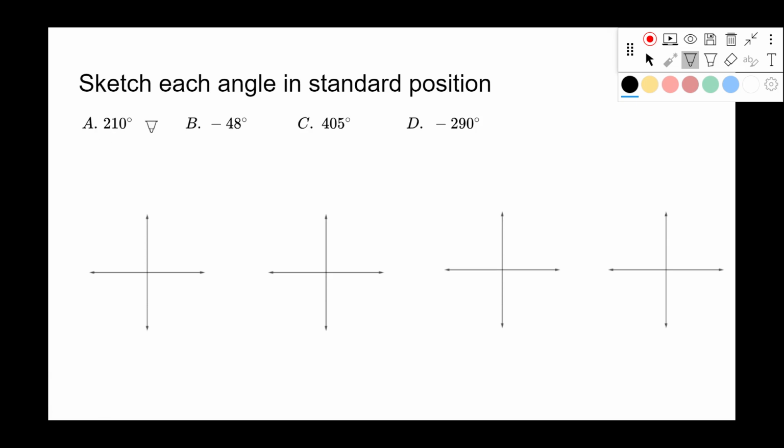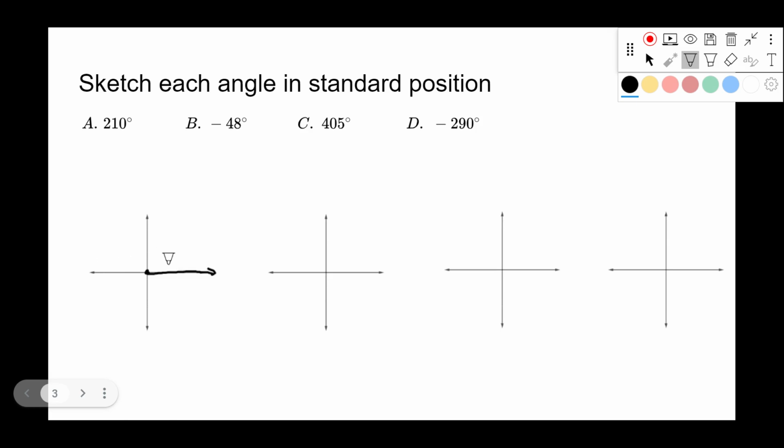Let's sketch the angle 210 degrees. So here's our vertex. Here's our positive x-axis. That's where we're going to start from. And now we want to go 210 degrees around the coordinate plane. Well, if we start here, we're going a positive angle, so that's going to be counterclockwise, this direction. We know that this is 180, right?